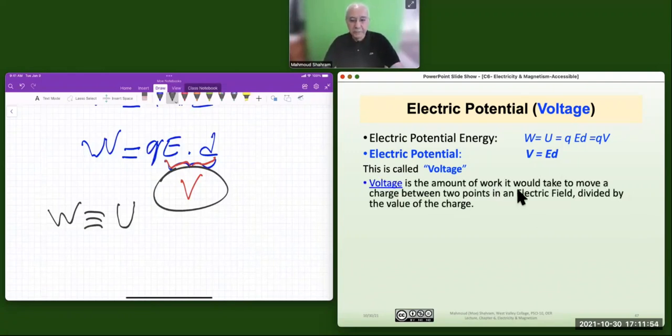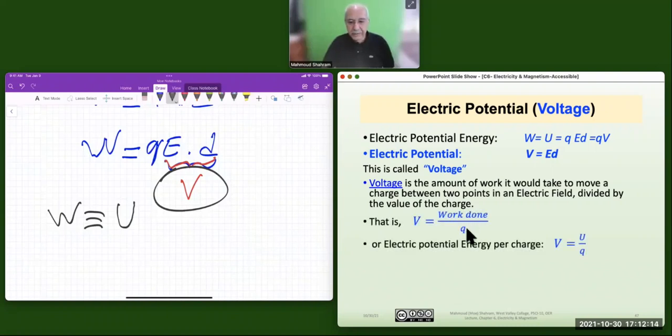Voltage is the amount of work it would take to move a charge between two points in an electric field, divided by the value of the charge, or electric potential energy divided by Q. So the relationship between volt and electric potential energy is V equals U divided by Q. What is its unit? Well, it's energy per charge. The energy unit is joules, we know that. The unit for charge is coulomb, we know that. We call that volt.